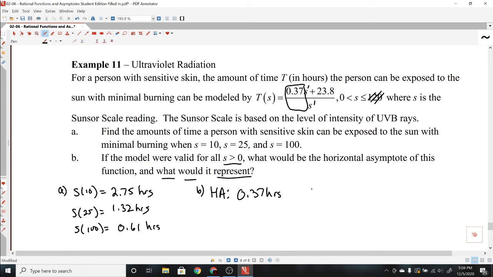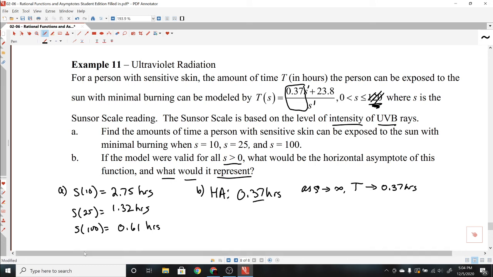What that means is that as S goes to infinity, time goes to 0.37 hours. Or in English, basically it means this. It doesn't matter how high the intensity is of these ultraviolet rays. Any person with sensitive skin would be able to spend a third of an hour outside with minimal burning. And that's just not true. So that's why we have to have that limiting value on there.